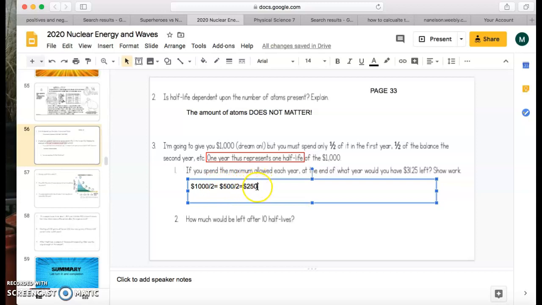Now we're on our 3rd half-life. Have we got to $31 yet? Nope. But in year 3, I can only spend half of this. So I'm going to divide it in half again. So $250 divided by 2 is only $125. So I could only spend $125 in year 3.